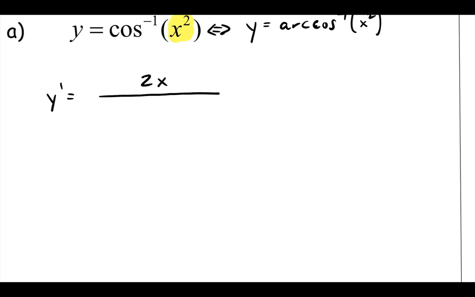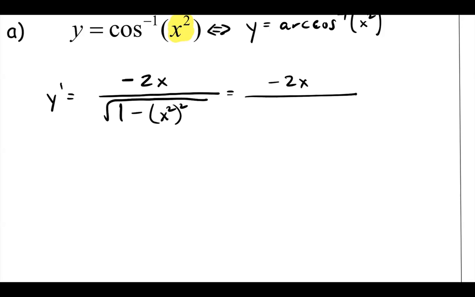Is it positive or is it negative? This one's going to be negative. What's the bottom part say? Square root of 1 minus u squared. So what goes in there? X squared. So if I was to square x squared, what would it be?